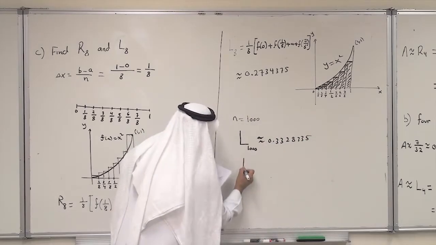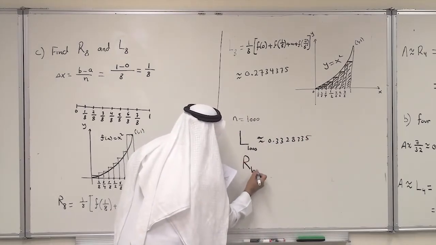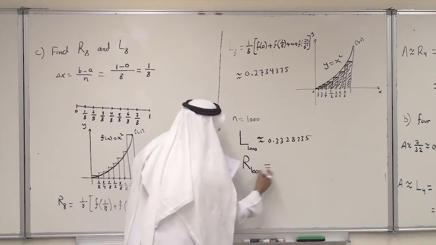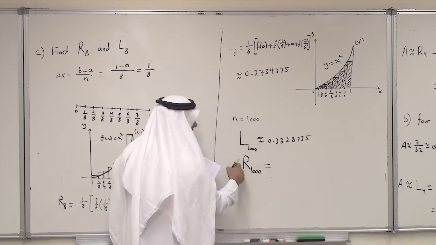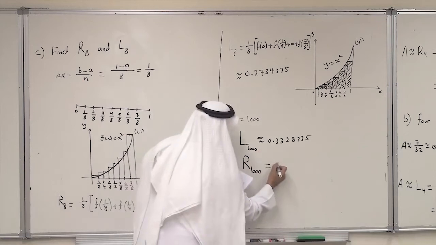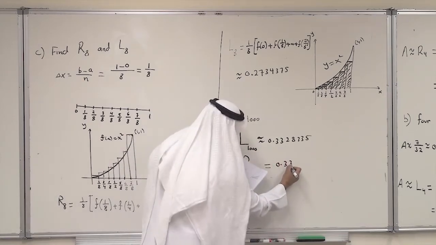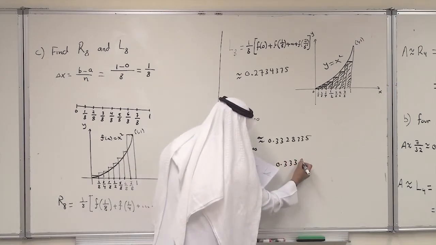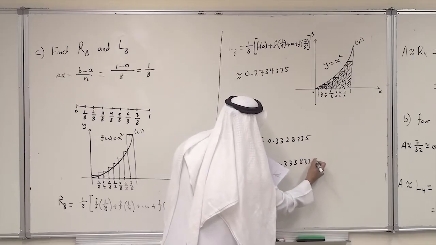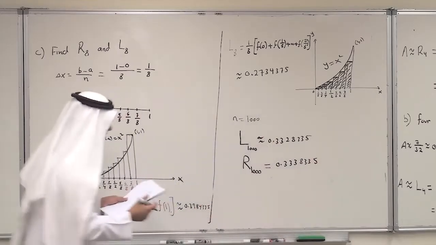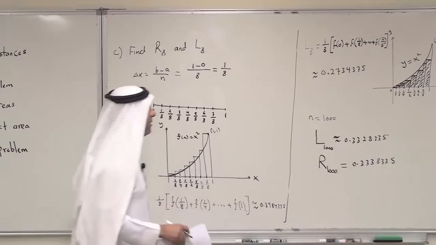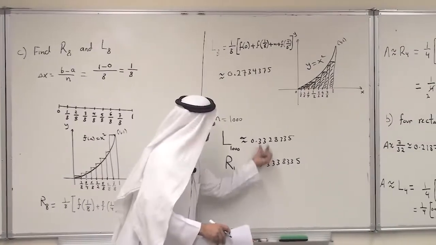If you calculate the approximation of areas by using 1,000 rectangles and right endpoints as altitudes, then you will get 0.3338335. You can compare these two things. You can see up to the second digit, they are the same.